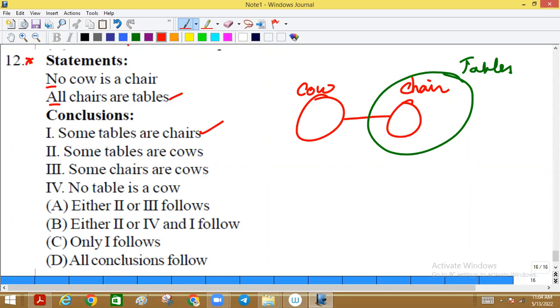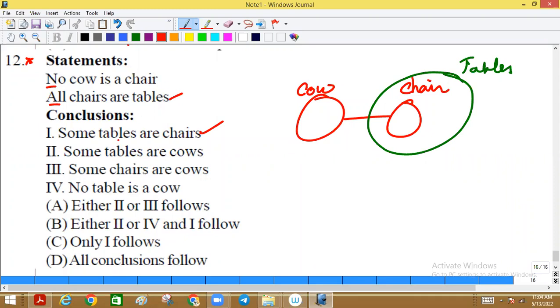Here is where the concept comes. Try to understand. In the question, he has given the relation between cow and chair, and chair and table. Is there any relation between table and cow? Do you know the relation between table and cow? No, right?